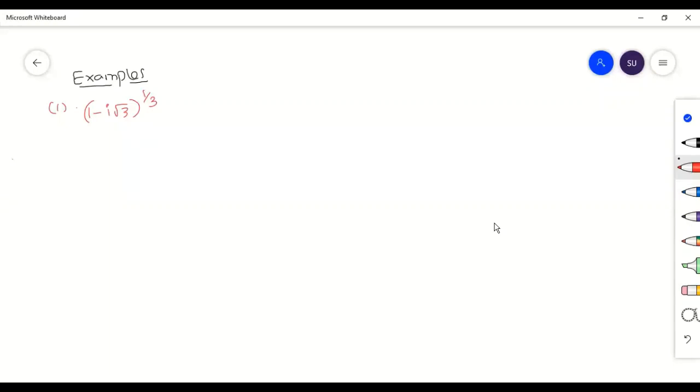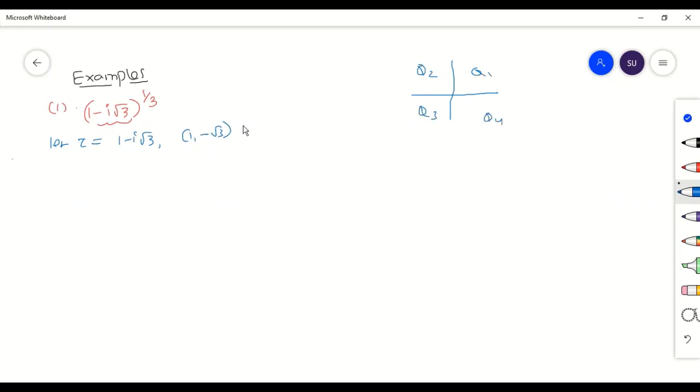Find the cube roots of 1 minus i root 3, that is (1 minus i root 3) whole power 1 by 3. Here let us consider the complex number Z, that means let Z is equal to 1 minus i root 3. So here the point is 1 comma minus root 3. As we already know from our previous videos, we have discussed Q1, Q2, Q3, Q4.